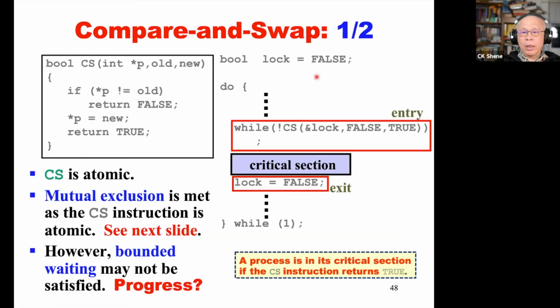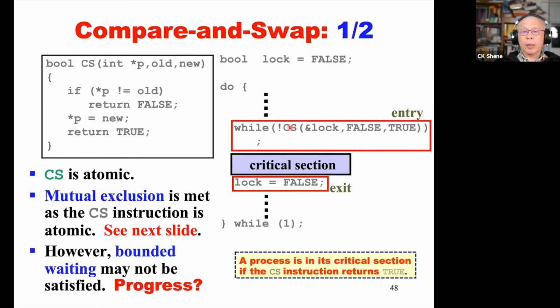So now let's take a look at this. The current value is false. So I executed CS. We compared the value in lock and the old value. Because they are the same, true will be saved to lock and CS returns true.